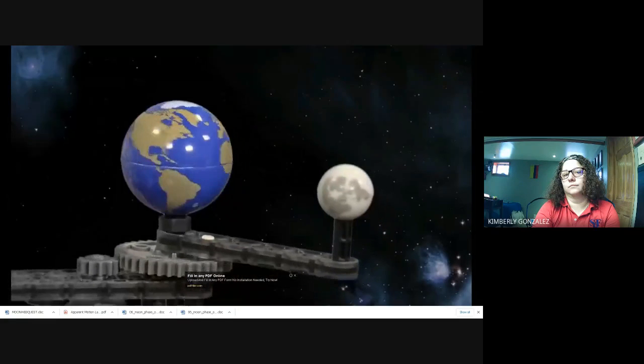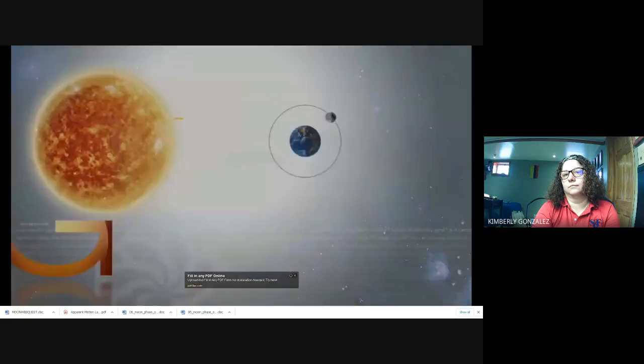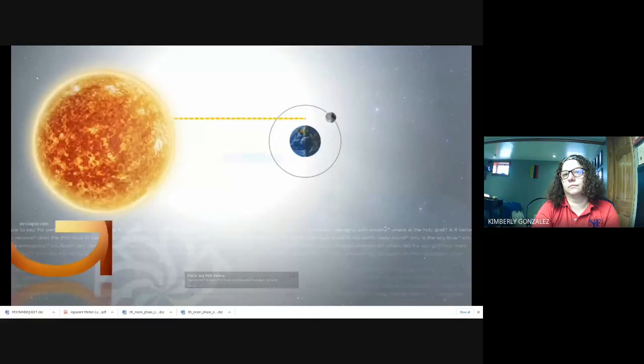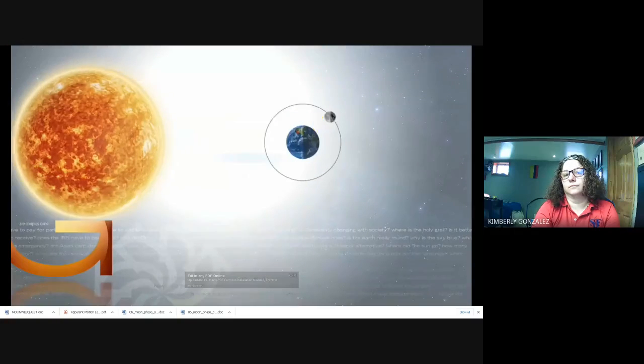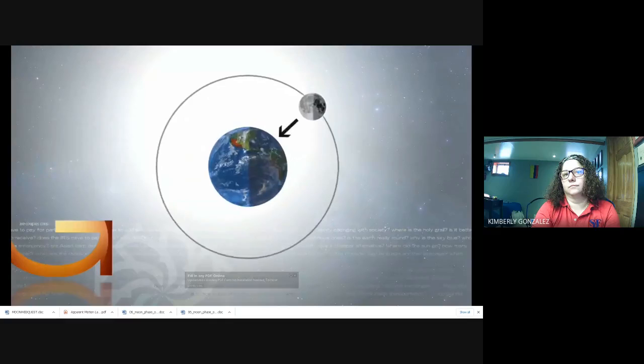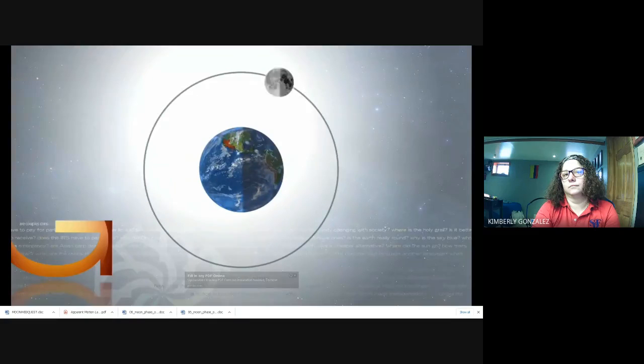Then we have the moon that goes around the Earth. We can see the moon because the sun's light reflects it back to our eyes. Sometimes the part of the moon we see is facing the nighttime side of Earth, but as the moon moves one day at a time, sometimes it faces the daytime side. And that's when we have to look hard for it. It can't be hidden by the clouds. You have to look at the right part of the sky at the right time of day.